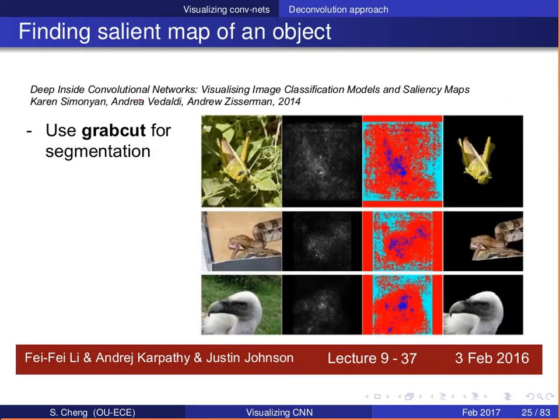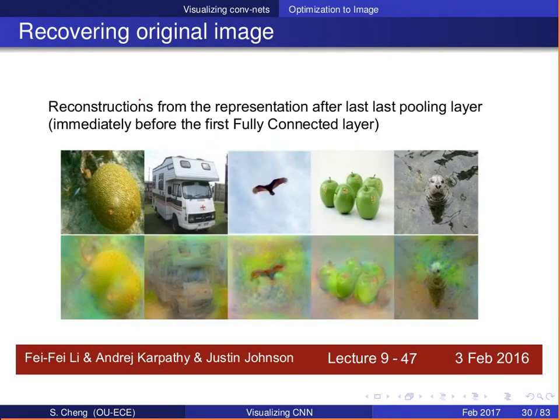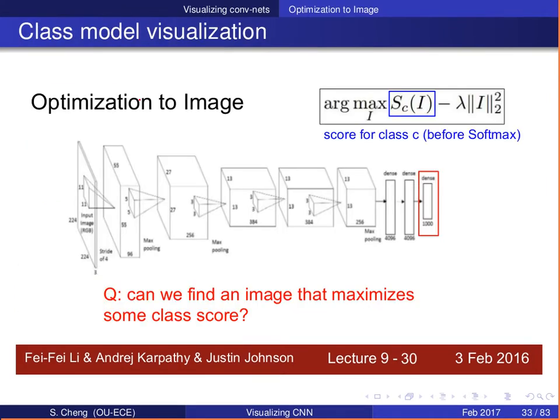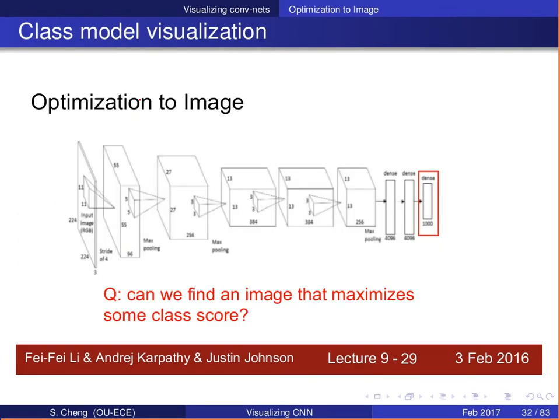We also looked into using optimization. That's the other approach. In terms of optimization, you can fix one of the layers and try to find the image that matches whatever you want in that layer. Or of course, you can just fix one of the coefficients in that layer.